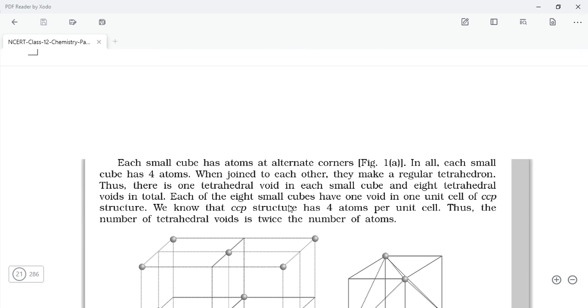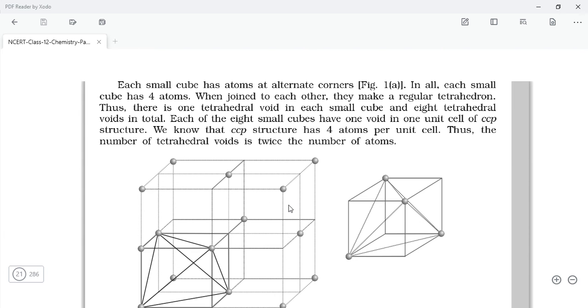When joined to each other, they make a regular tetrahedron. Thus, there is one tetrahedral void in each small cube and 8 tetrahedral voids in total, one in each of the 8 small cubes of one unit cell of the CCP structure.